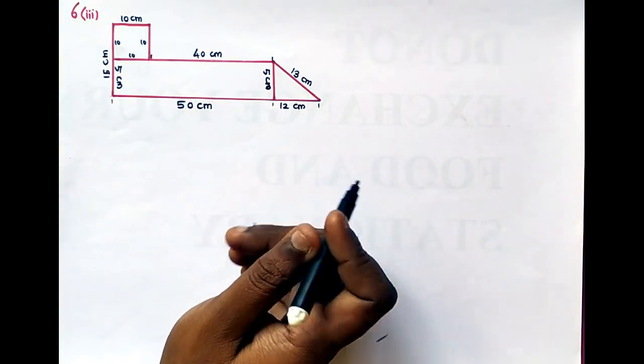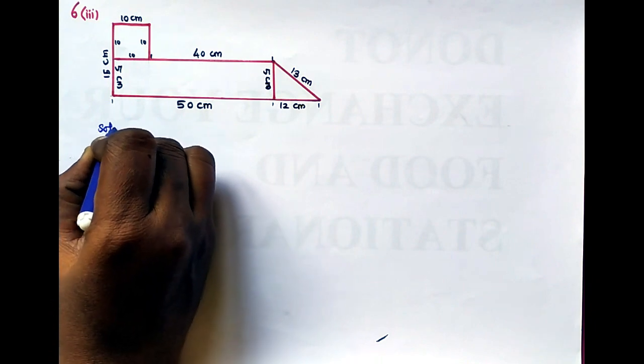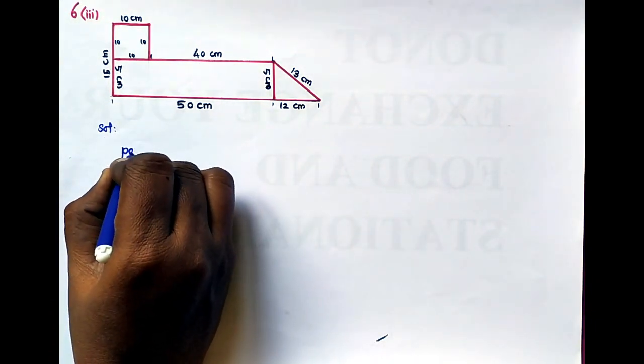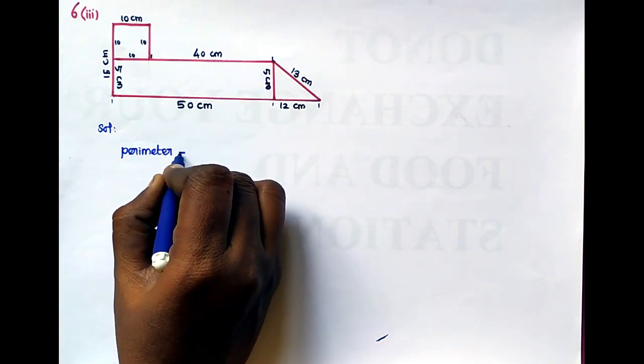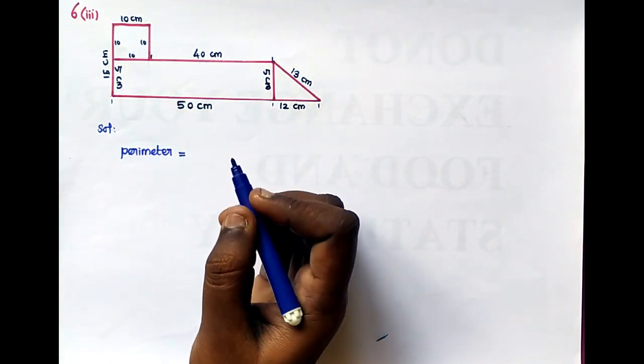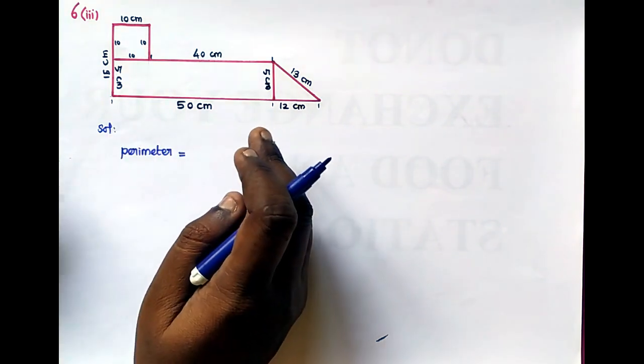Okay, next, first find the perimeter. Perimeter of the shape equals summation of all sides.